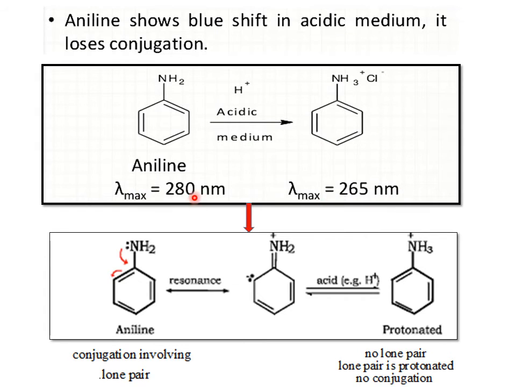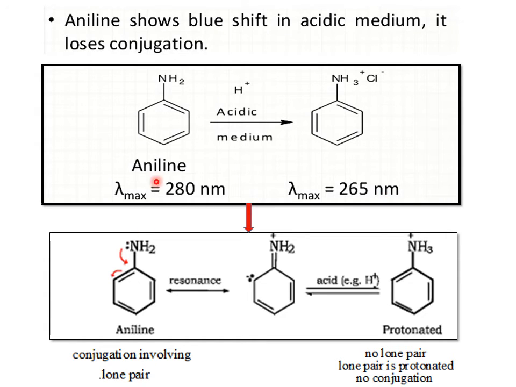So for pure aniline we get a peak around 280 nanometer. When we add acidic solution to the aniline, the absorption moves towards a shorter wavelength, 280 to 265. Here we call this blue shift.